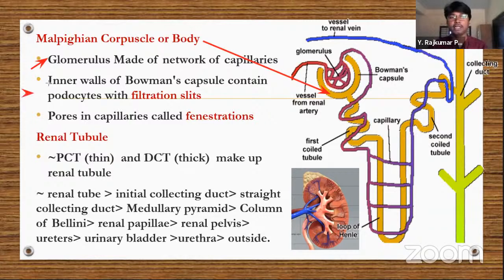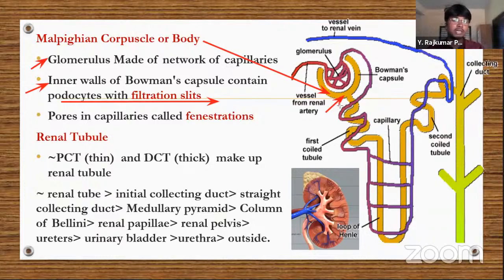Next, inner walls of the Bowman's capsule contain podocytes with filtration slits. Okay. This Bowman's capsule, which you are able to see, the U-shaped structure, is called Bowman's capsule, and it contains podocytes. Okay, they have filtration slits. That means small holes, and these holes are called filtration slits.